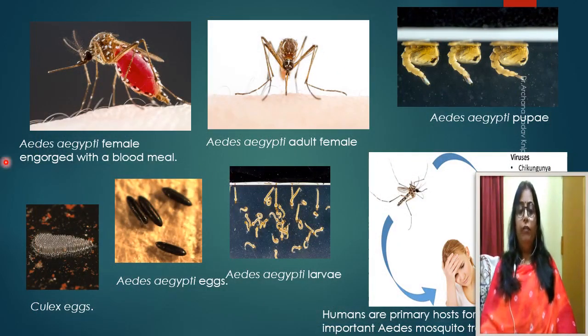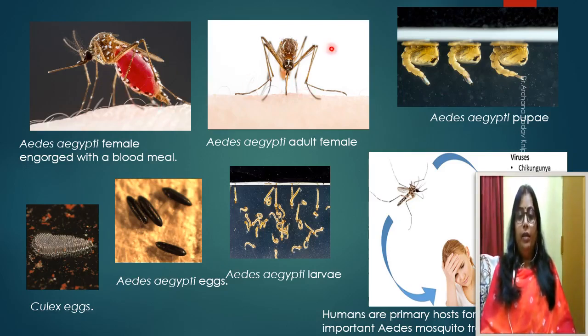In this picture we show that when an Aedes female bites any person, it becomes fully engorged with blood meal, and it's the adult female of Aedes, and it is the pupal stage of Aedes.